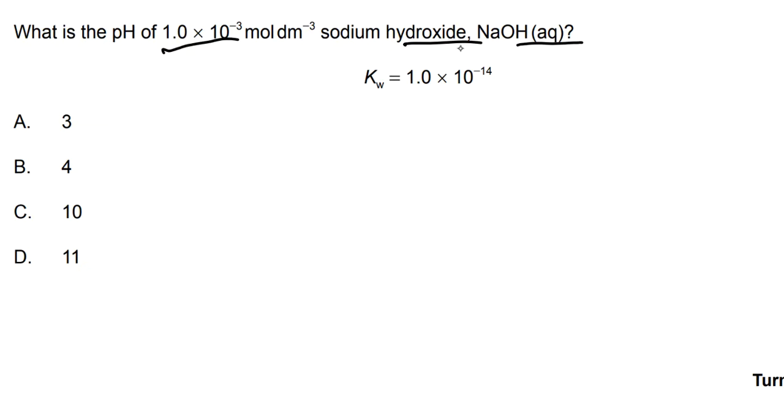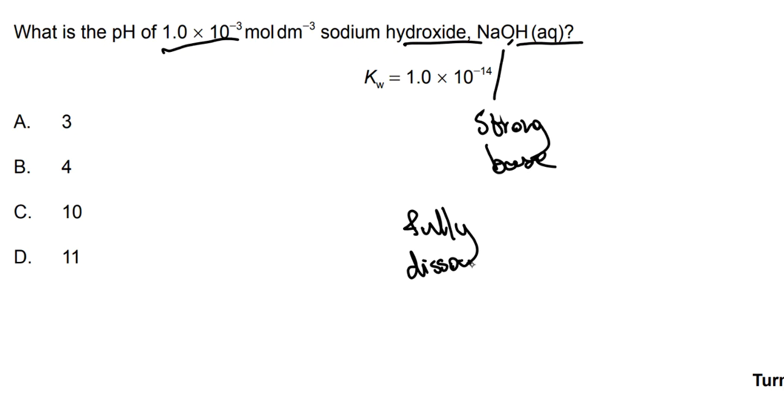We just need to remember that sodium hydroxide is a strong base. So what happens is it fully dissociates. Full dissociation means that we can assume that the concentration of sodium hydroxide is equal to the OH minus concentration.